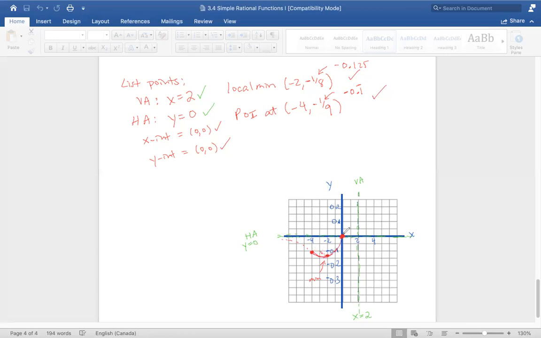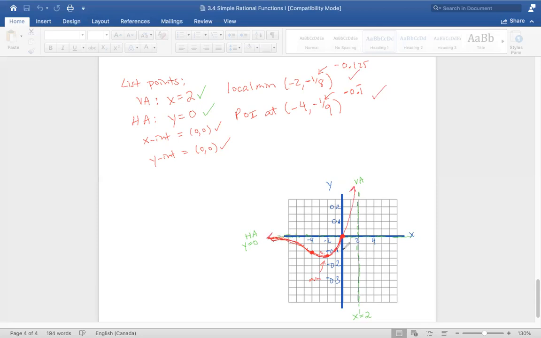And then I'm up here to this point. So I'm going like that. I'm going to be concave down and approaching 0. Should be flattening out. I shouldn't be going back down there. And then back up until I reach the vertical asymptote here again, but not touching technically the vertical asymptote.